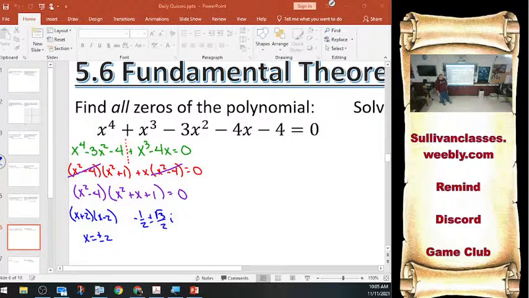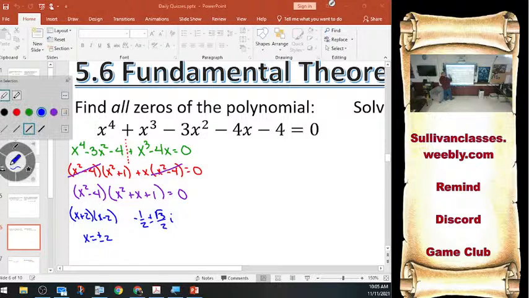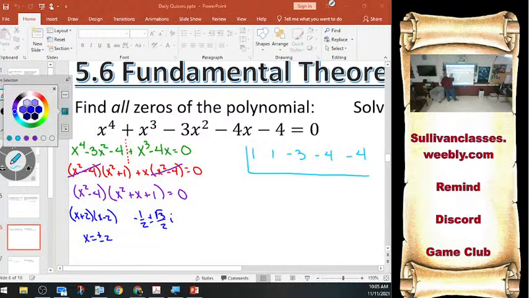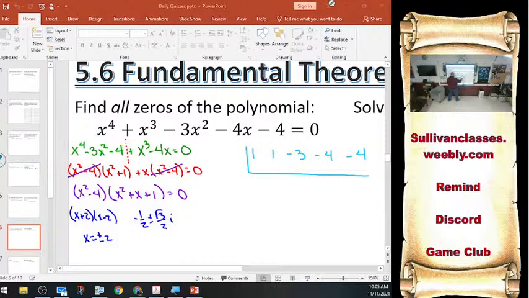All right. I had to put it up there just in case. Most of us are going to say there's a 1, there's a 1, there's a negative 3, there's a negative 4, there's a negative 4, and say, I'm feeling really lucky about 2.